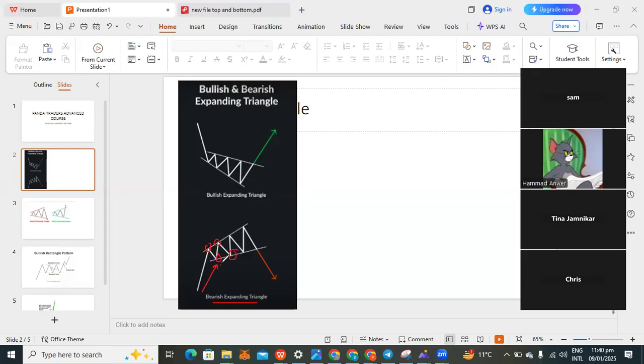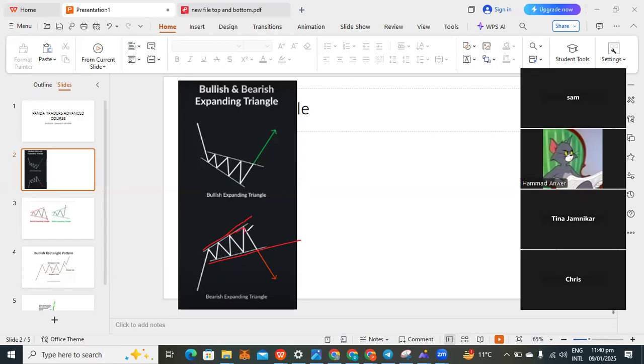I call this support 1, support 2, and I call this resistance 1 and resistance 2, and then 3, and then 4. So you can see that the price is expanding in the form of a triangle. It's an expanding triangle.